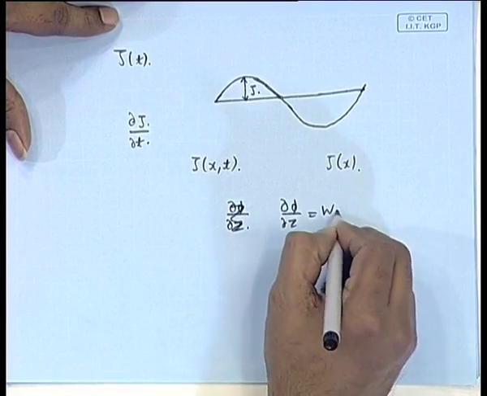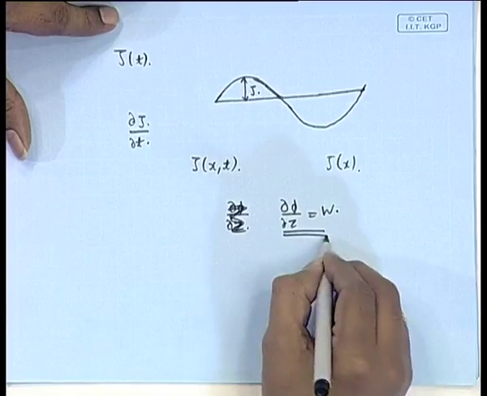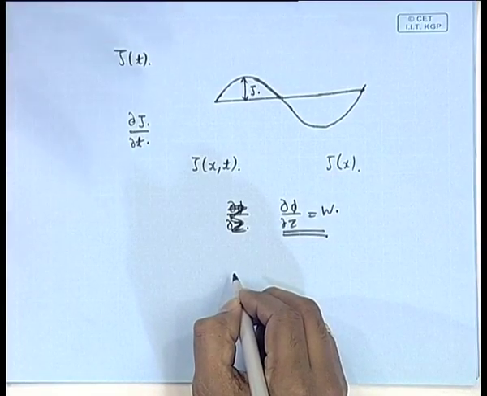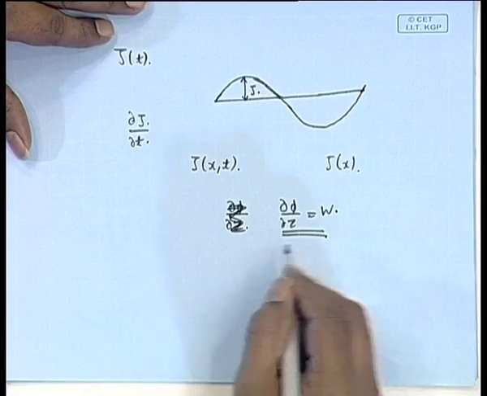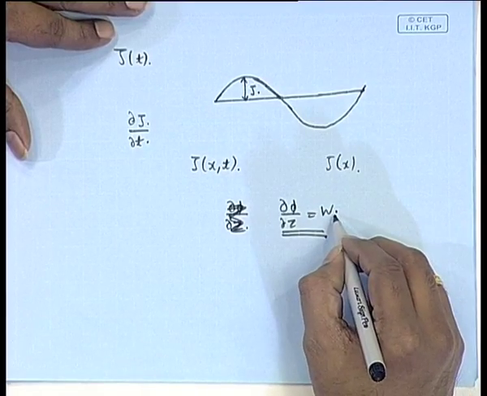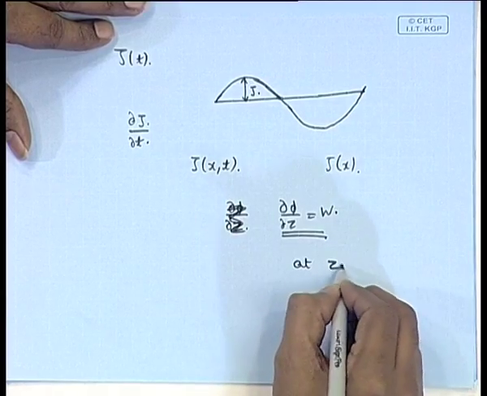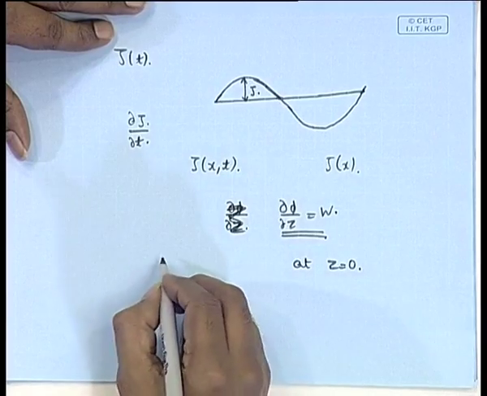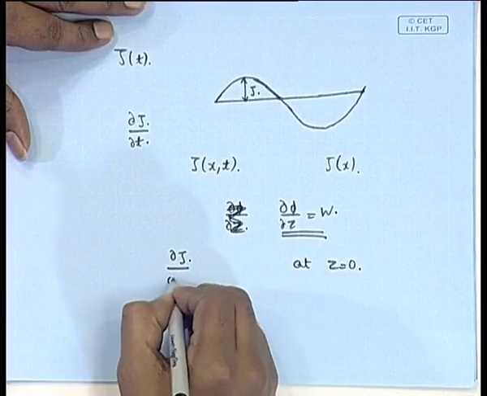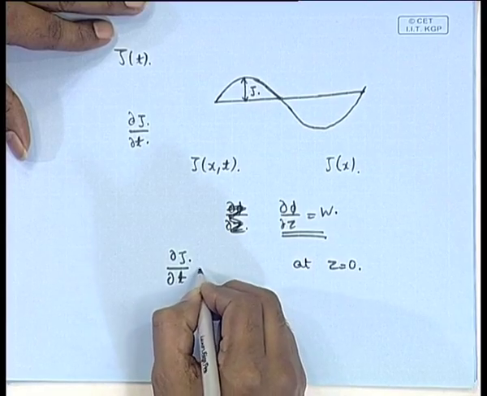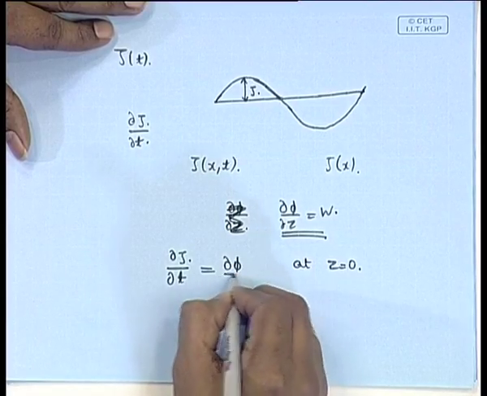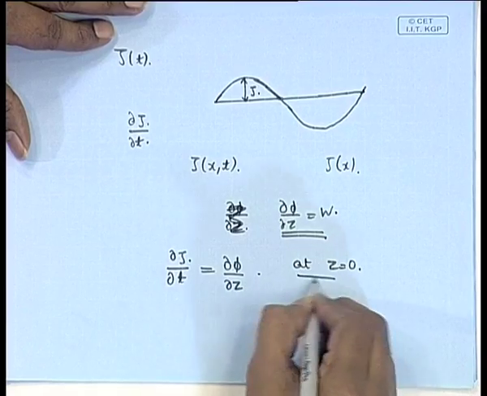This gives the vertical velocity; we have already seen that w is given by dou phi by dou z. Dou phi by dou z is equal to w, and at z equal to 0, we will see that dou psi by dou t is equal to dou phi by dou z at z equal to 0.